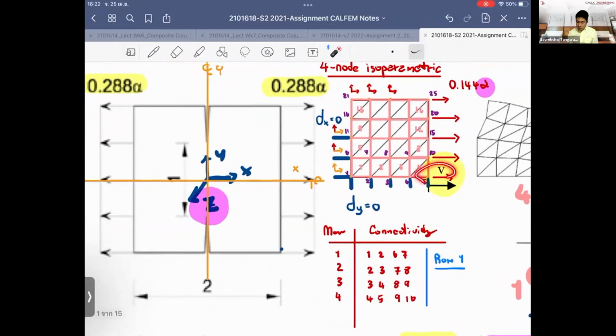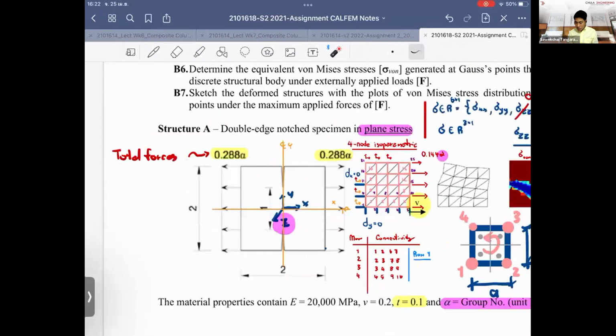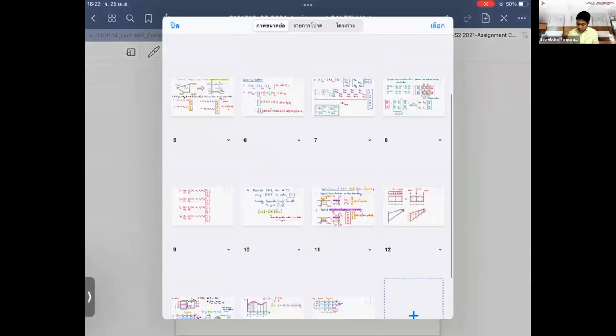The displacement here is at the center because I cut this from a quarter. So this is the displacement we're looking at. So we want to know the information of the deformations.